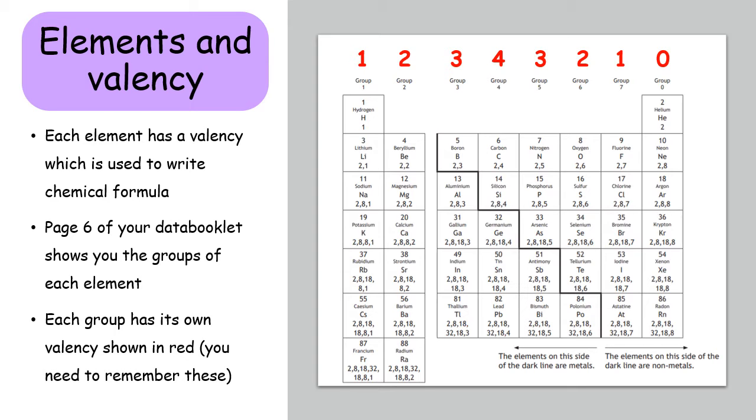Now if you remember, noble gases are those ones in group 0. They don't form any bonds, so they don't form compounds, and if you don't form a compound, you don't need a valency, which is why they have a valency of 0. But the other ones, remember that it goes 1, 2, 3, 4, 3, 2, 1. And I suggest you write that on your copy of the data booklet on page 6.